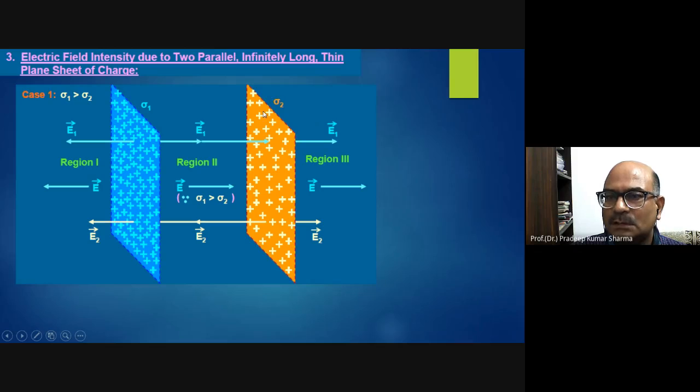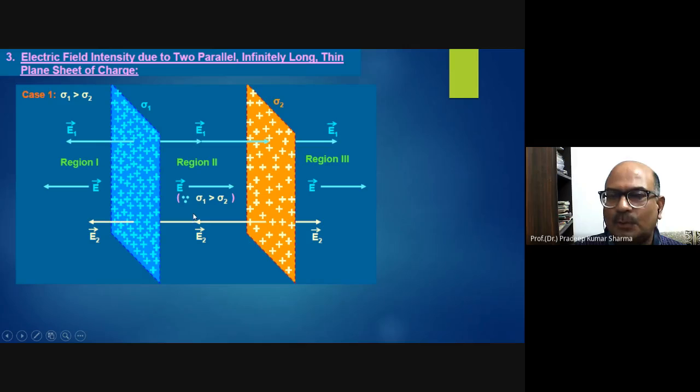But for the second one, E2 is on the right hand side and again on the left hand side going in this direction. So E1 is here and E2 is here.